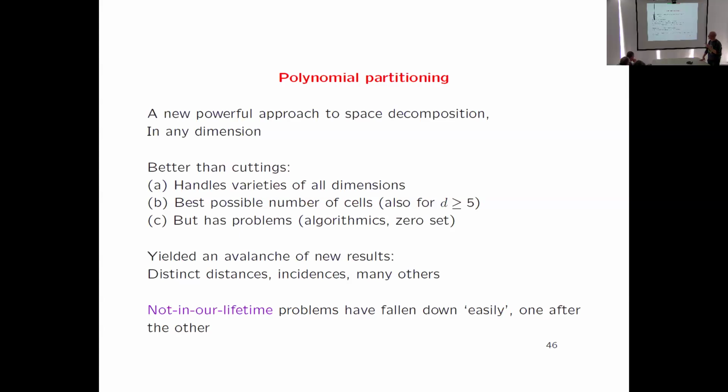And it handles varieties of all dimensions, because cuttings could also handle d minus 1 dimensional surfaces. But life is not perfect, and there are various problems. It's very expensive to compute such a polynomial, and you have no guarantee what happens on the zero set. Maybe all the points lie in the zero set, and then you got nothing.